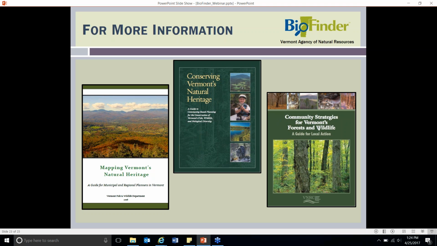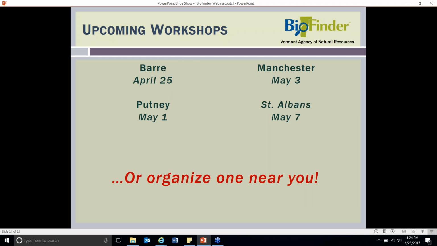And Community Strategies for Vermont's Forests and Wildlife was put out by the Vermont Natural Resources Council. And I think of this as a toolbox for how a community can conserve or protect forests and wildlife. And it goes into regulatory and many non-regulatory strategies as well. So that's a nice toolbox to know about.